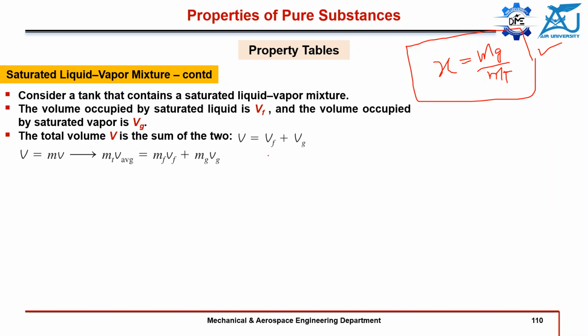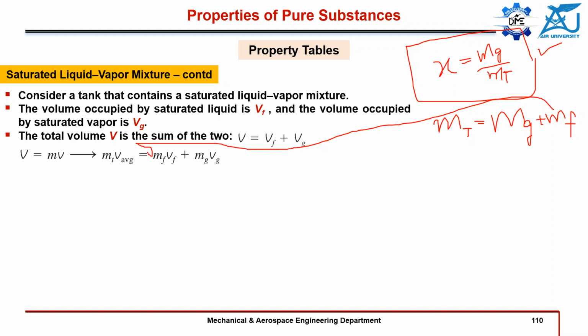Similarly, I can write this mass of fluid as mt minus mg. So m total is mg plus mf, so I can write this mf as mt minus mg.